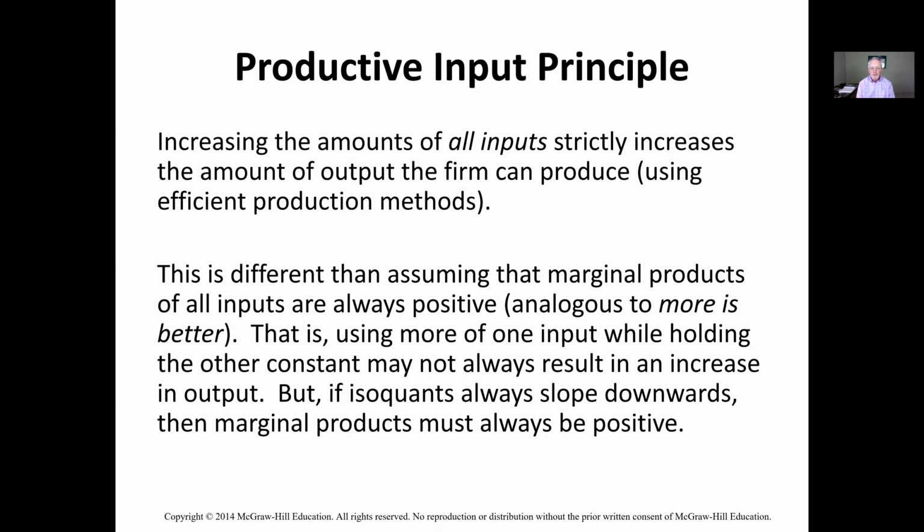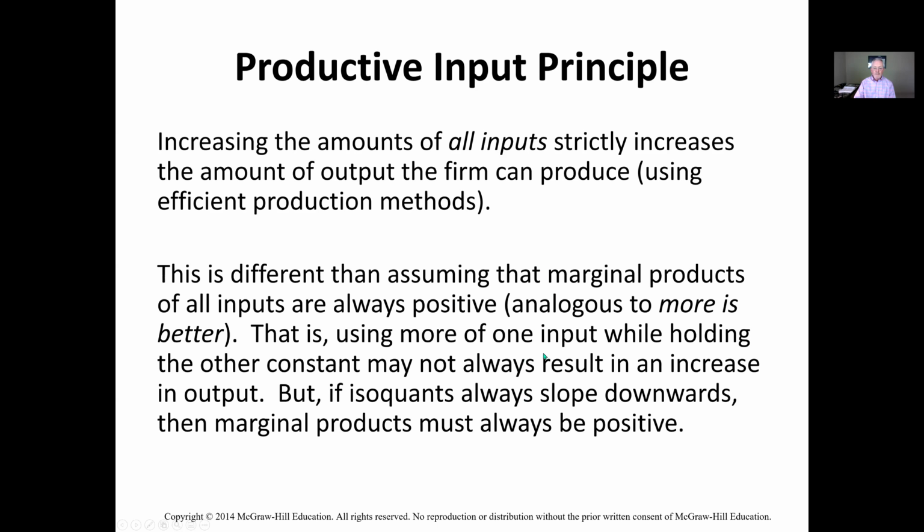So, we say that this always has to be positive. Well, we would never use either capital or labor to a point where its marginal product was negative, because if its marginal product was negative, we could always get more output using less of the input. So clearly it wouldn't be an efficient output relationship with our inputs if that was the case.